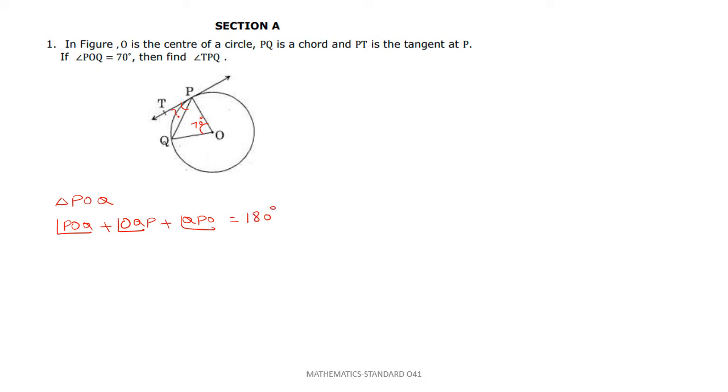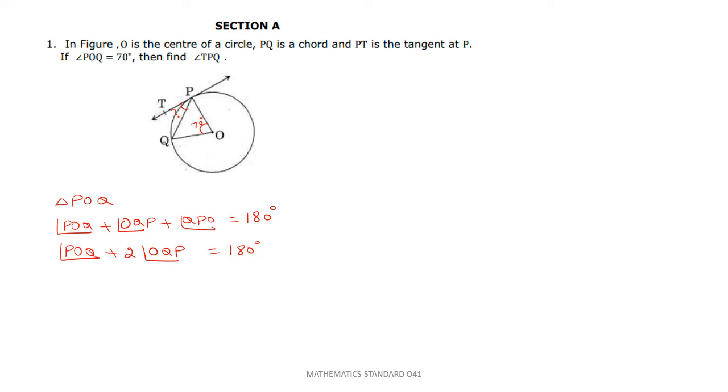And you know the center O is making angles OPQ and OQP, two angles with the chord, and both angles are the same. So I can write it as POQ plus 2 times angle OQP is equal to 180 degree.